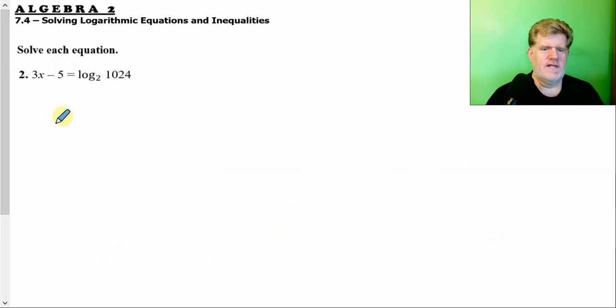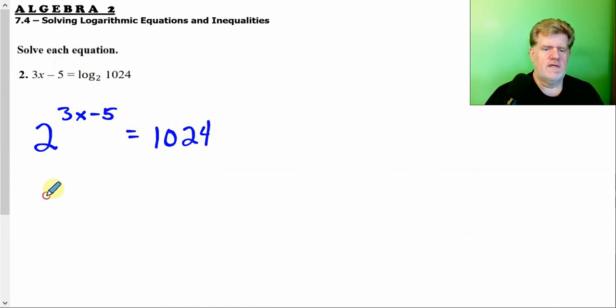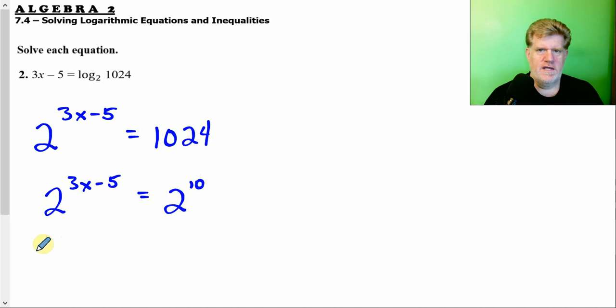All right, same way, let's rewrite it. My base is 2. My exponent is 3x minus 5 and it equals 1024. My base is 2. Can't break that down anymore. And maybe you recognize 1024. It's 2 to the 10th power. Anybody out there with computer applications knows that 2 to the 10th power, 1024, is a common number that we use.